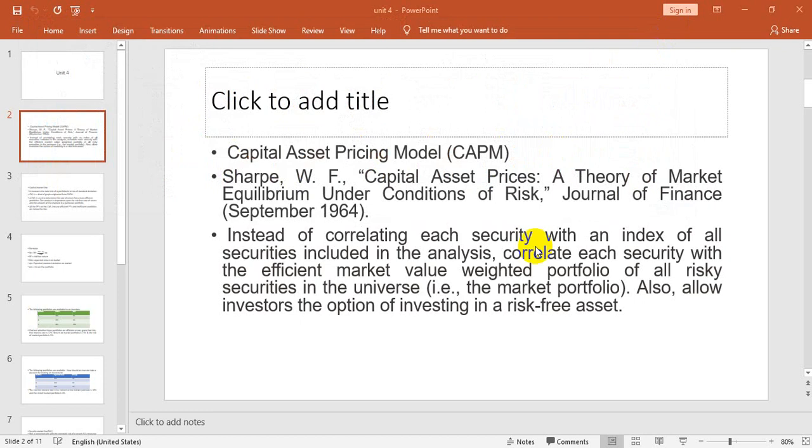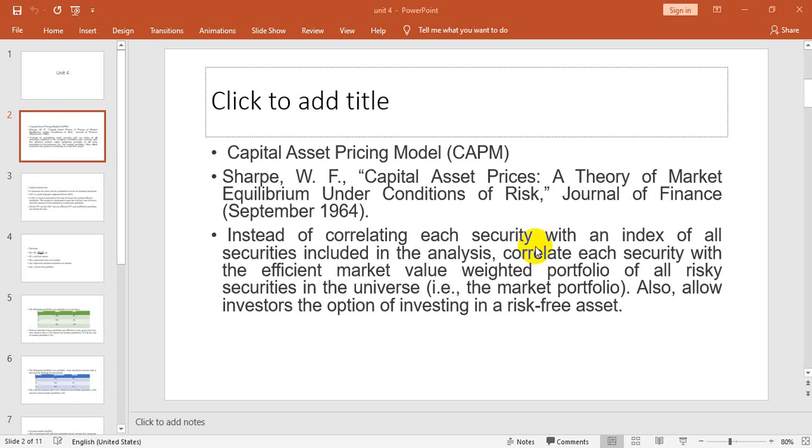Capital Asset Prices: A Theory of Market Equilibrium Under Conditions of Risk, Journal of Finance, September 1964, has been improvised by Sharpe. Instead of correlating each security with an index of all securities included in the analysis, correlate each security with the efficient market value weighted portfolio of all the risky securities in the universe.